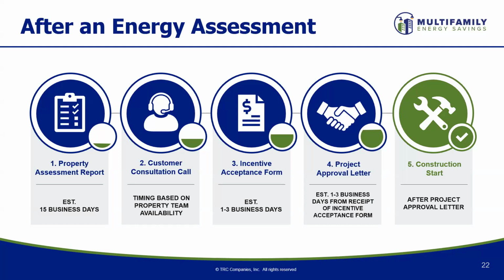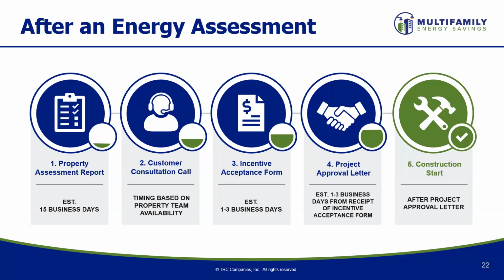Let's say we recommend you get a new air conditioning system. The report is going to tell you the system has to be this size and meet these specs. But you're going to be able to choose from whatever brand you want, as long as it meets those specs. That gives you and your contractor a lot of flexibility.